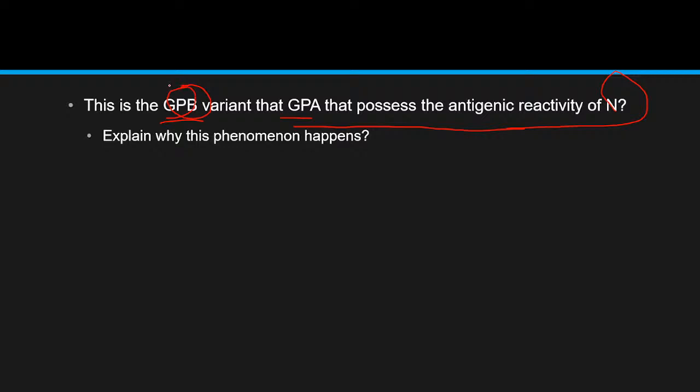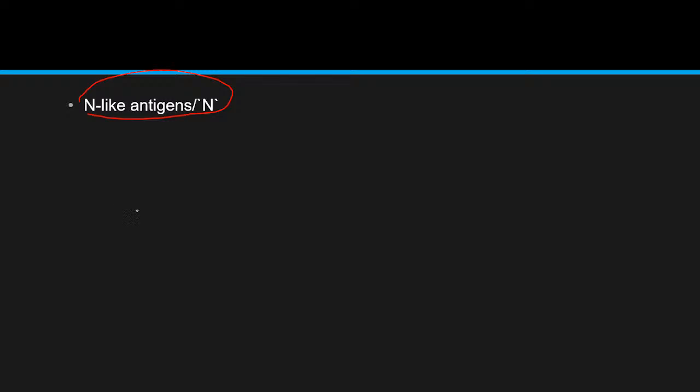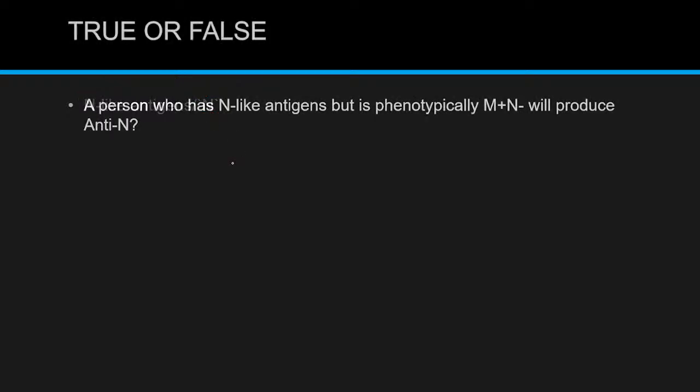Remember, GPB is usually for S, small s, and U. But it becomes a variant that has antigenic qualities similar to GPA, and it also has N activity. That's going to have N antigens. The other designation is N prime. All right, N prime. That's another way to express this by nomenclature.